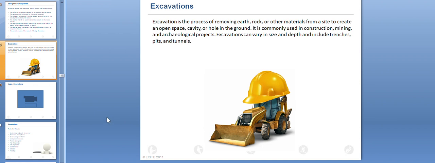So what are the main hazards of excavation?